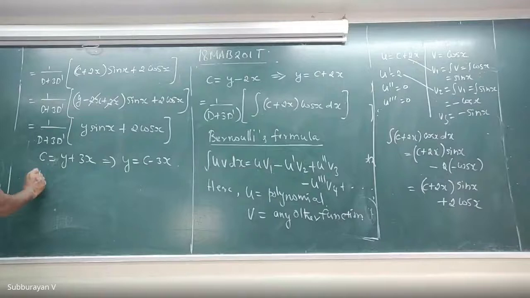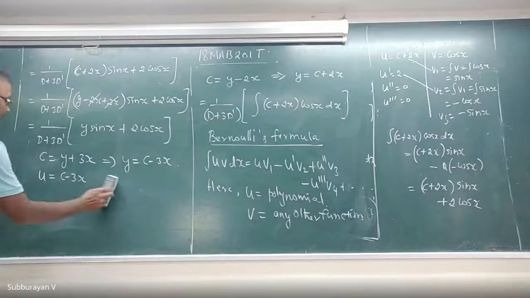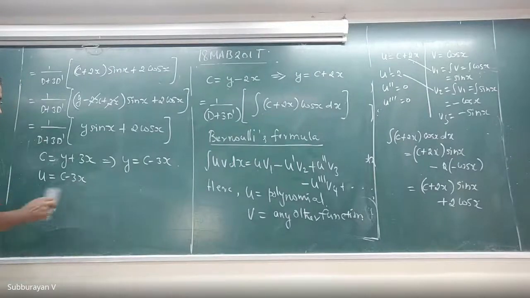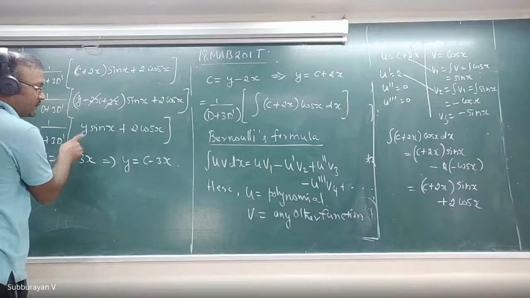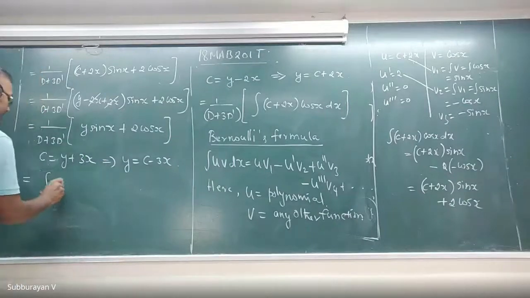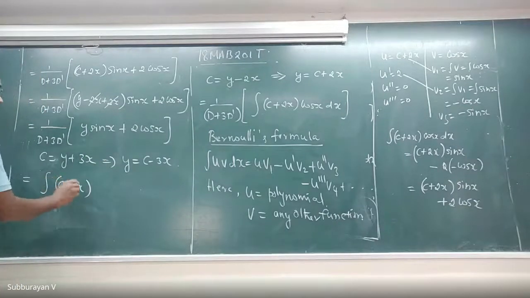Now here you choose u equal to c minus 3x. Therefore this becomes an integral. I have to replace this y by c minus 3x, therefore c minus 3x into sin x.